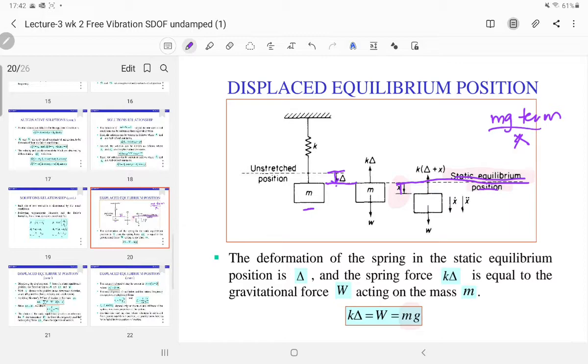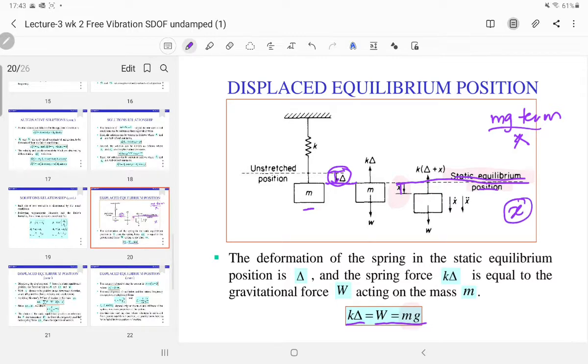That means it's already beyond the mg effect. The effect of mg is here. So that's why we can see the relationship k delta equals mg. So mg is already taken care of, then only you measure your x.